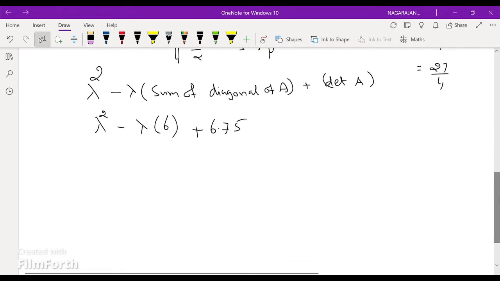So the characteristic equation is lambda squared minus 6 lambda plus 6.75 equal to 0.